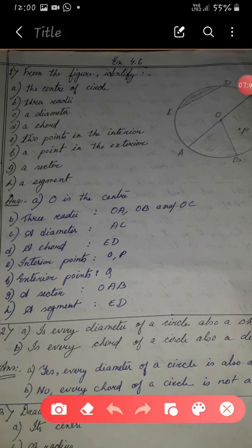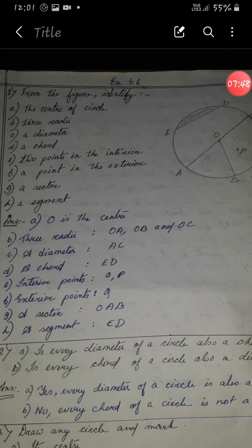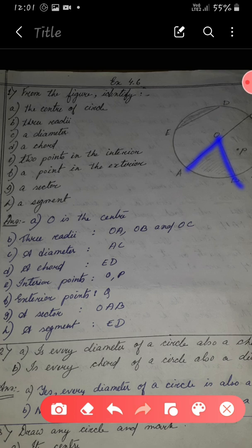Then 3 radii. So what are the 3 radii? This OA is a radius, OB is a radius, and OC is a radius. Then the third one, a diameter.